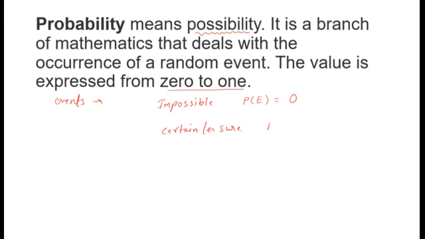The probability of such events is always 1 because there are 100% chances for the event to occur. Other events which are neither impossible nor sure have a probability greater than 0 and less than 1. So all such probabilities are between 0 and 1.